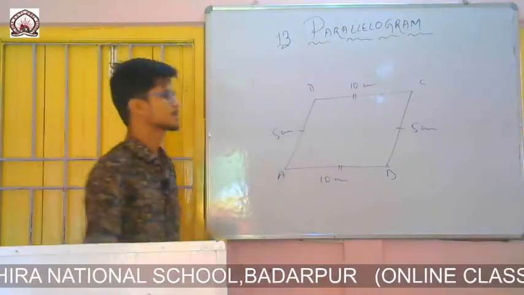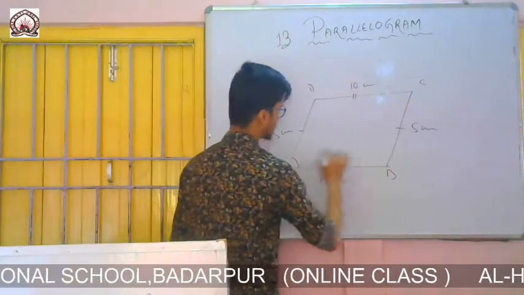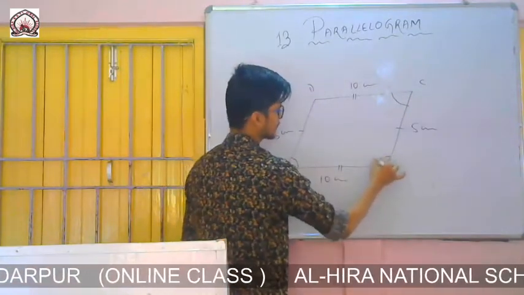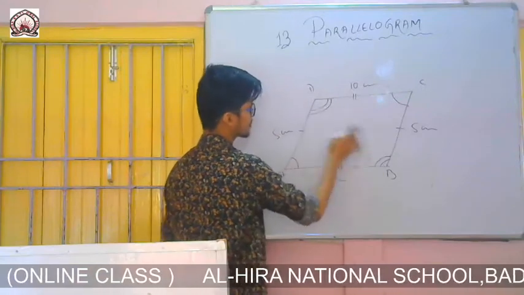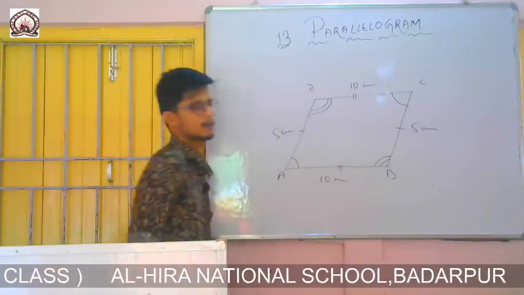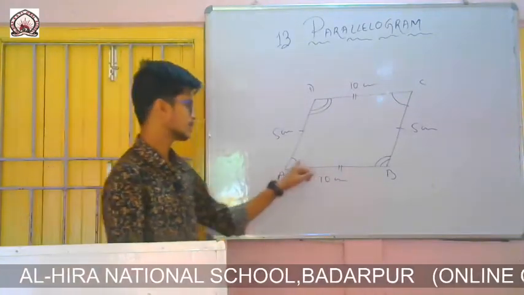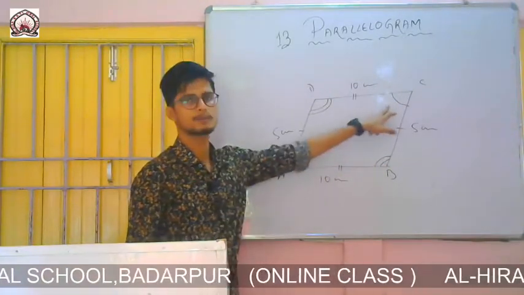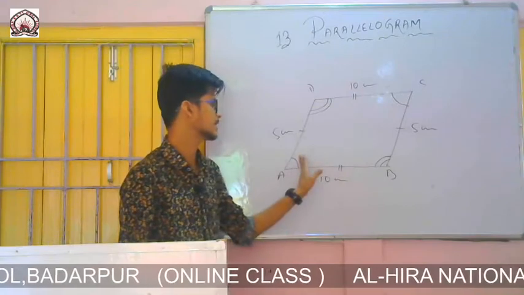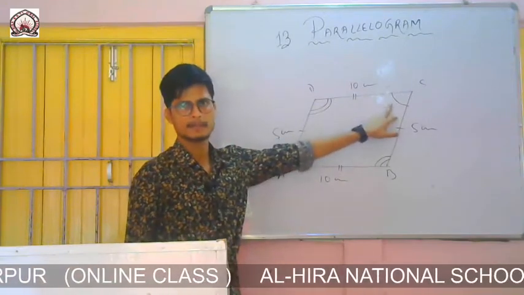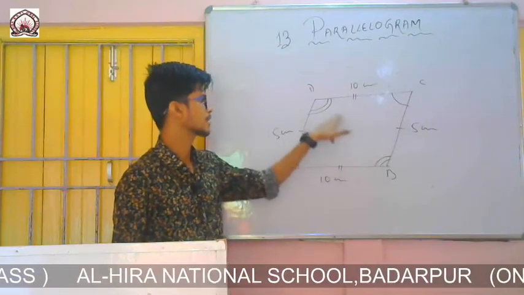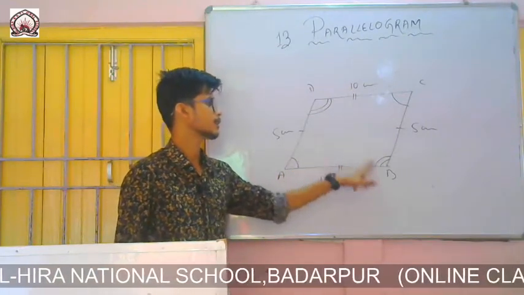And the opposite angles will also be equal, not the adjacent one, the opposite one. If this is 50 degree, this one will also be 50, and this other opposite pair will also be equal.